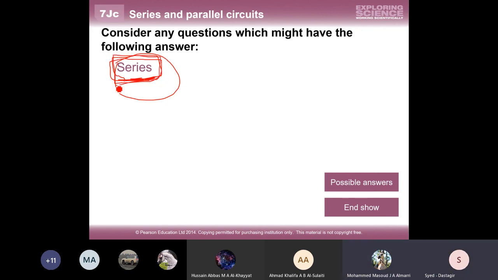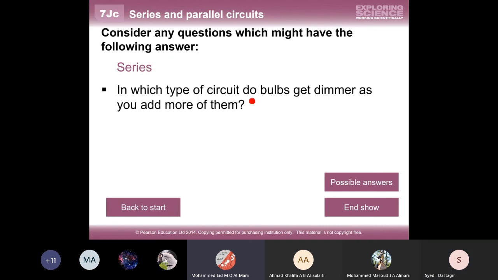What is the circuit that if it breaks, the whole circuit stops working? Excellent. Or you could have said: in which type of circuit do bulbs get dimmer as you add more? Very good, well done.